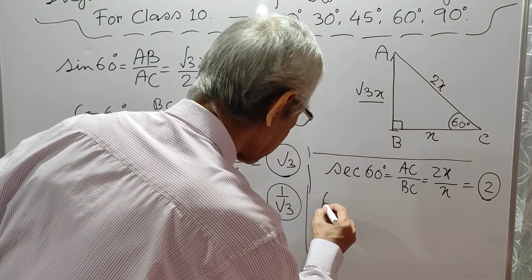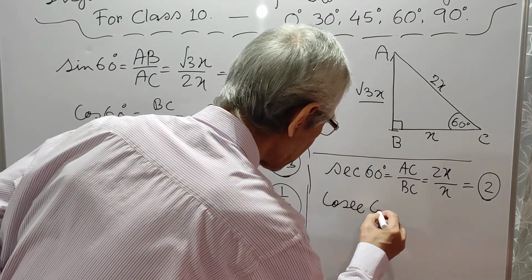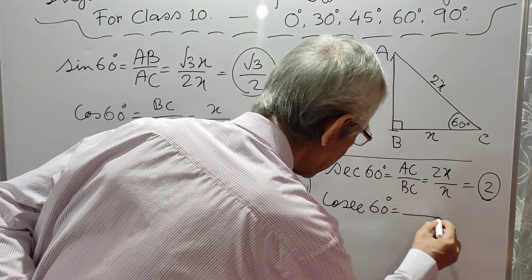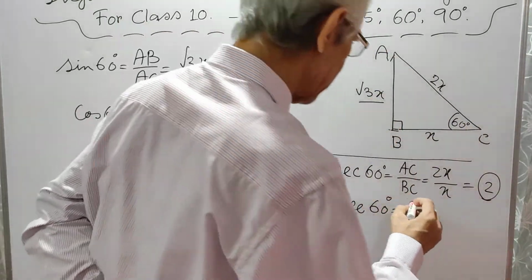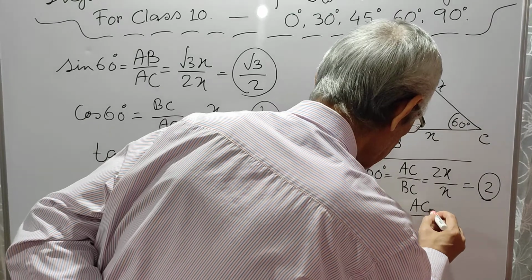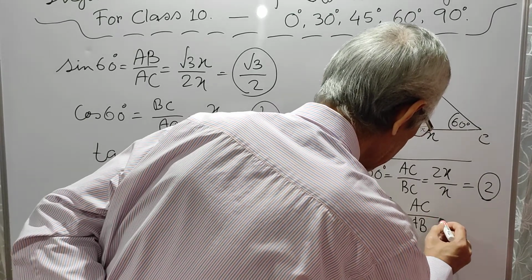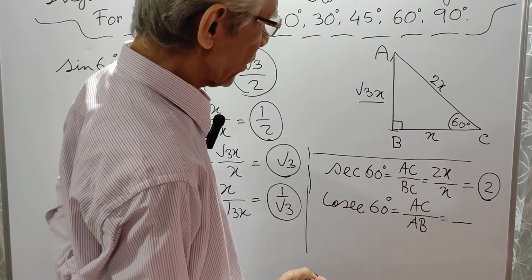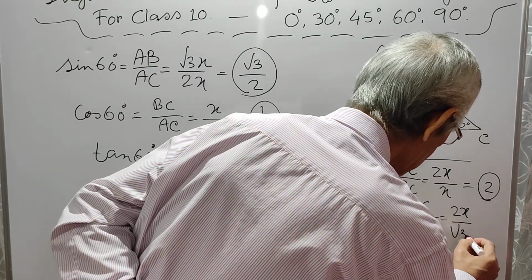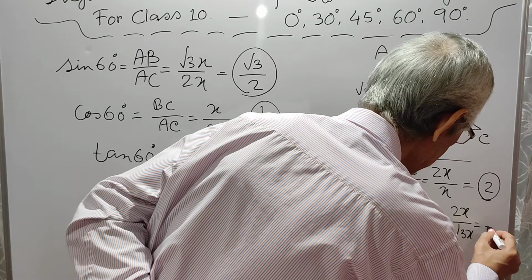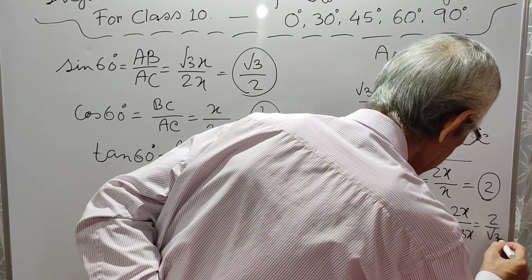At last, cosec of 60 degree. Cosec is what? AC by AB. Now AC by AB is twice x by root 3x. That means 2 by root 3.